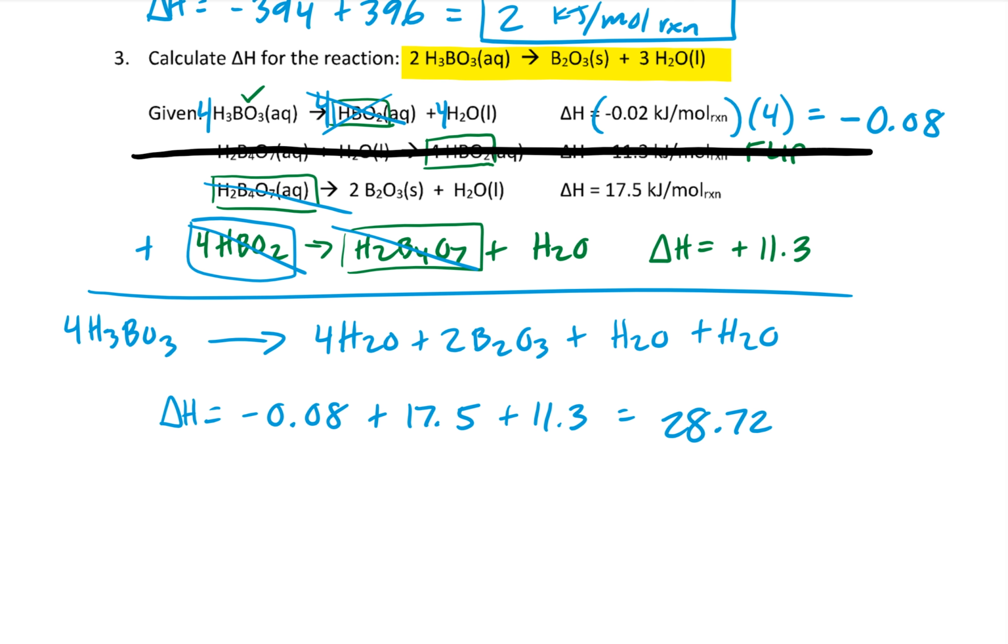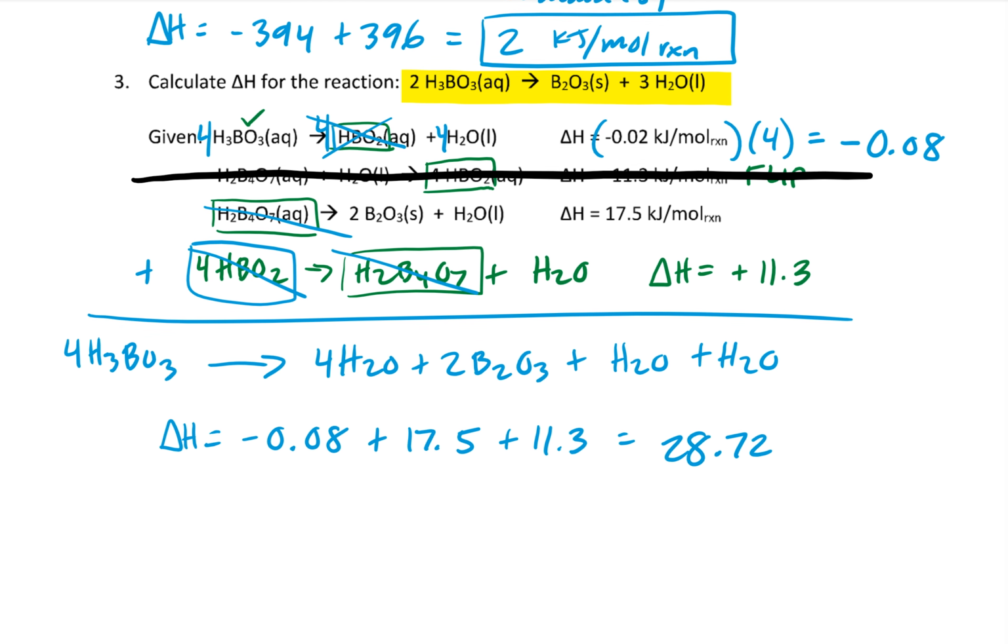Okay, so we're looking good. So I go back and I see, do I have the desired equation? We are pretty close. Okay, I can clean this up just a tad. These waters, I can combine them. Those 4 waters plus a water plus another water, that really equals a total of 6 waters.